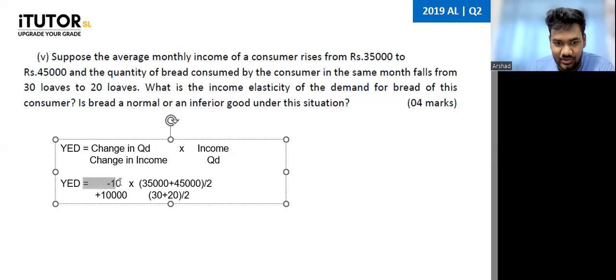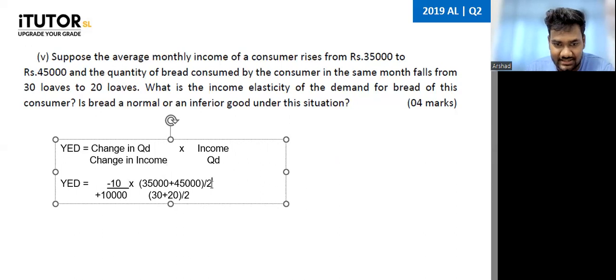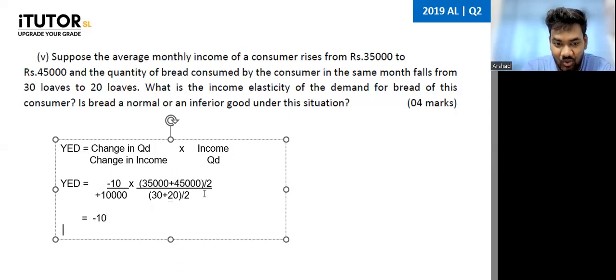Okay. So you can do this, right? So then how much do we get, guys? Minus 10 over plus 10,000 multiplied by 40,000 divided by 25.